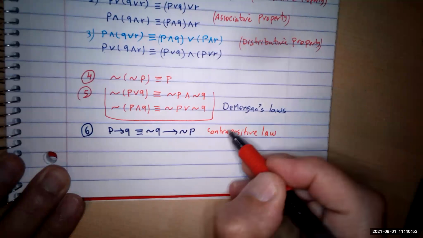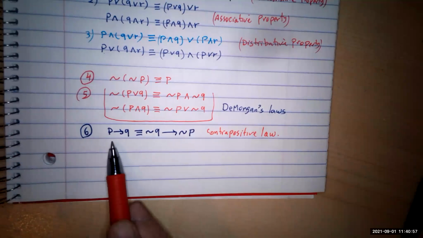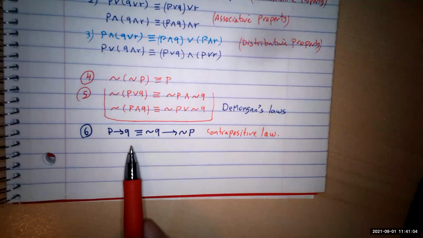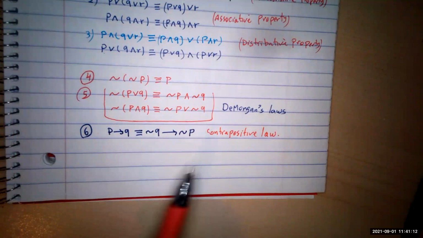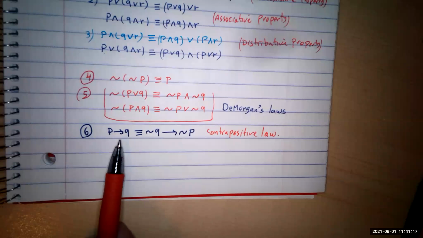So when we want to use it, we say, by contrapositive law, if P then Q is the same as not Q implies not P. We use it when we want to prove something. In mathematics, sometimes it is much easier to prove the negative version of the theorem.